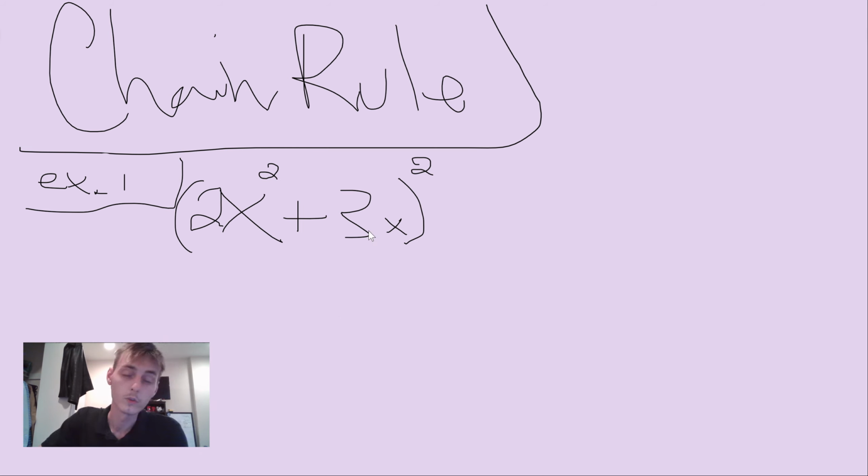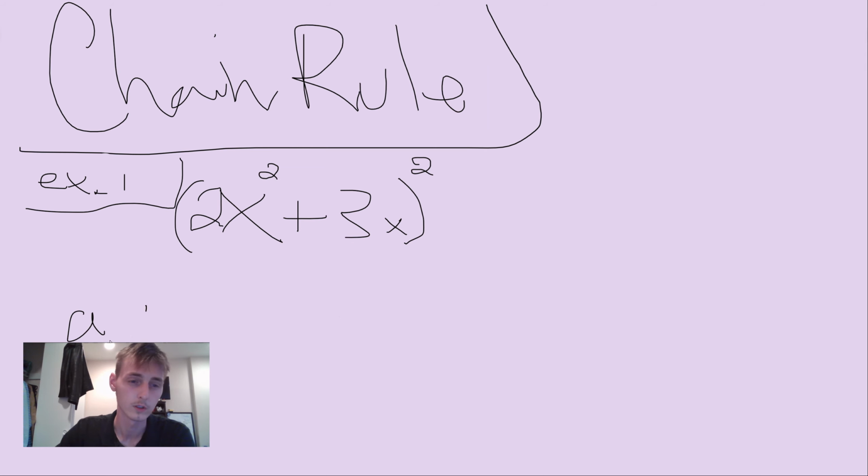One way that you could do this, if you wanted to, is to multiply out the equation 2x squared plus 3x times 2x squared plus 3x. So you just multiply, distribute your two terms, and then the result would just lead you to taking the derivative of each individual term.